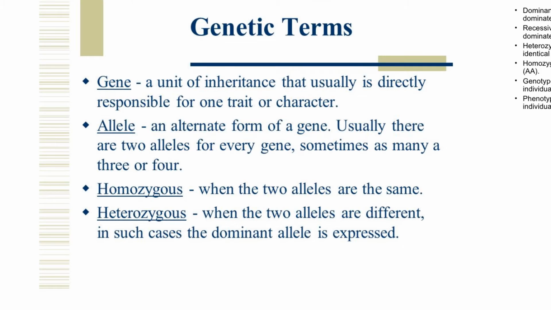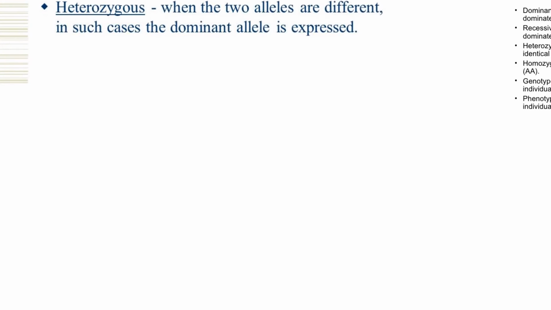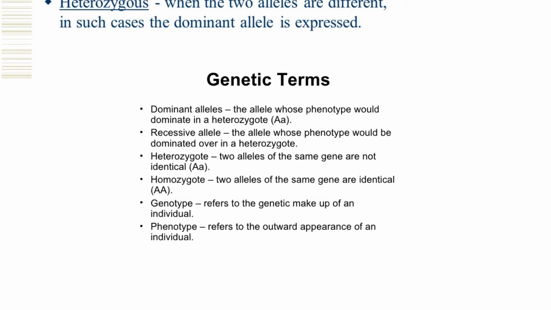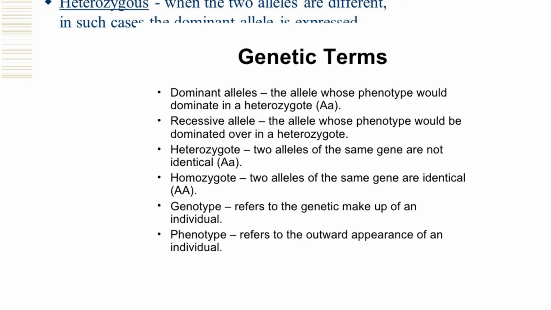Okay, let's see, trying to get my pointer here. Here's some more genetic terms, and we get into some gene action a little bit. Dominant alleles: that's when the phenotype of one of the alleles masks the other allele. Let me read what they say: the allele whose phenotype would dominate in a heterozygous state.